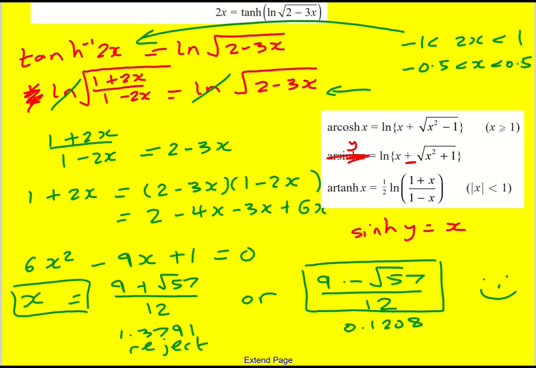That minus is ignored when you're finding the inverse function to make it one-to-one, but when you actually derive it using exponentials, it is very much there, and it will be a solution to this equation. The same thing is true for inverse cosh. If you're solving cosh y equals x, you'll actually get a plus or a minus here.